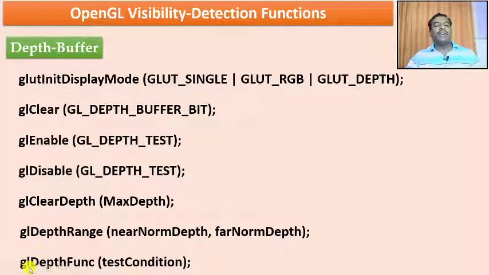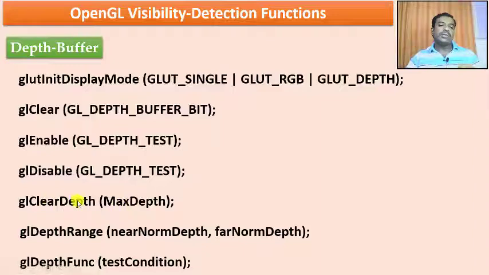And we are going to have glDepthFunc, which is going to tell me what test condition I should use. I'll come to this function later. You can give the maximum depth, whatever value you want. This will be applied, or initialized in the depth buffer initially.